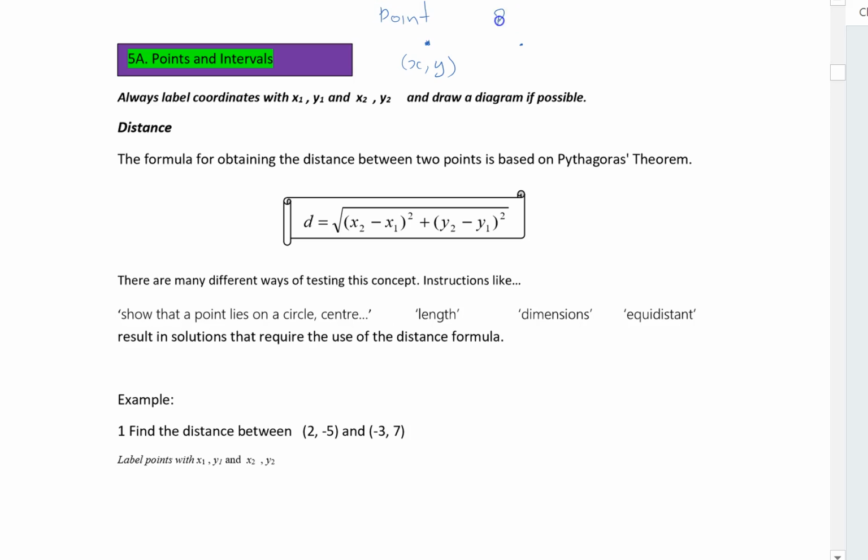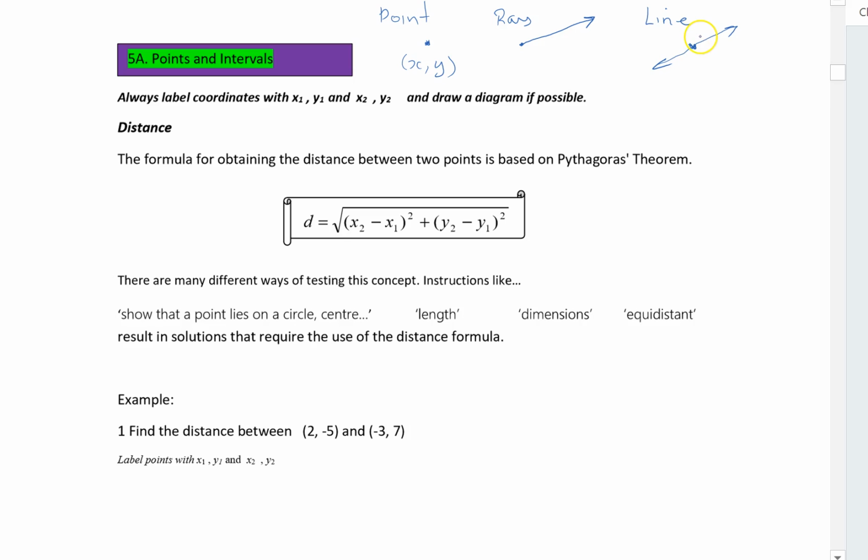We have a ray. A ray begins with a point and it goes in a certain direction indefinitely, forever. We have a line which might go through this point and it extends in both directions indefinitely.